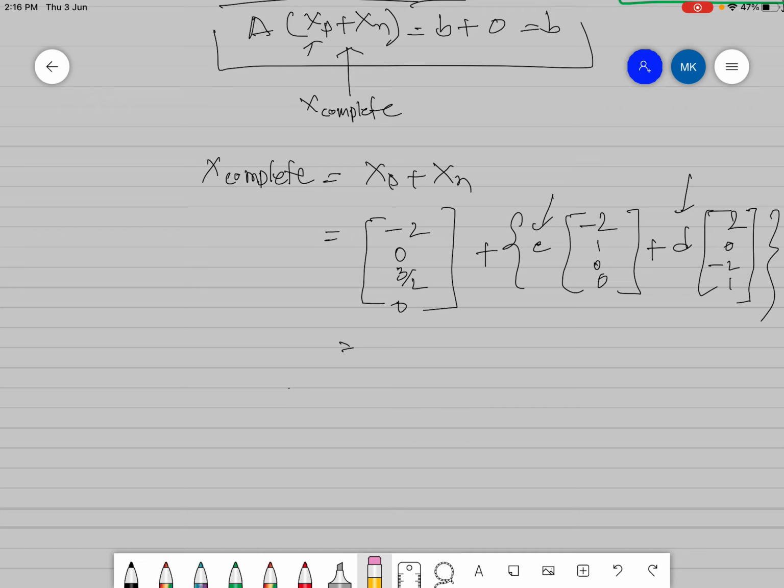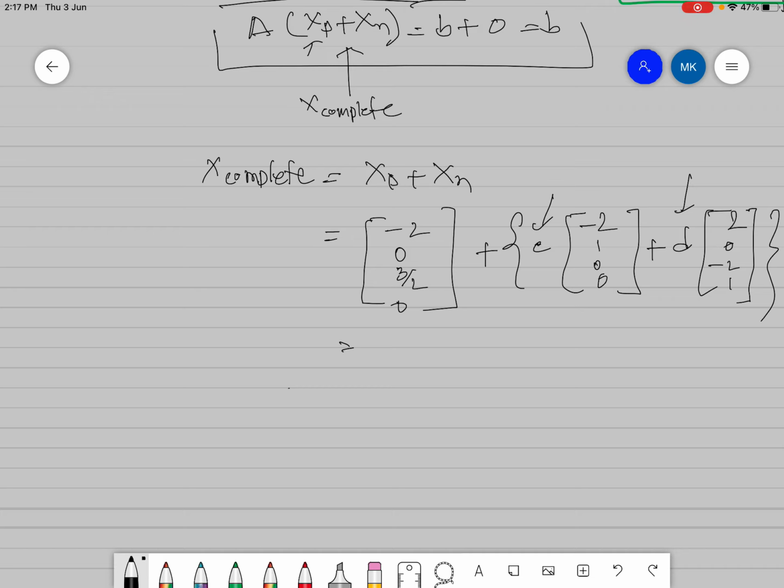Now one question may arise: what is the difference between x particular and x special? Well, x particular is a solution for Ax equals b when b has a non-zero value, and x special is for Ax equals 0, okay?